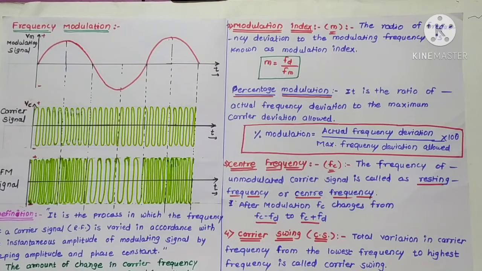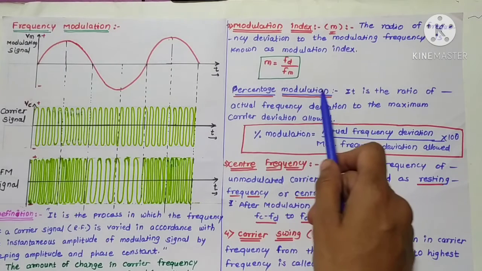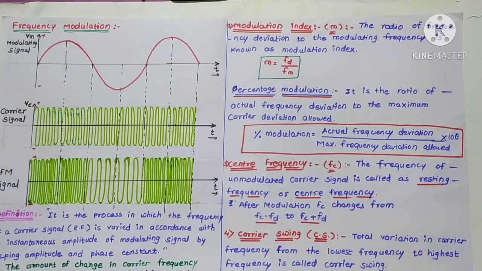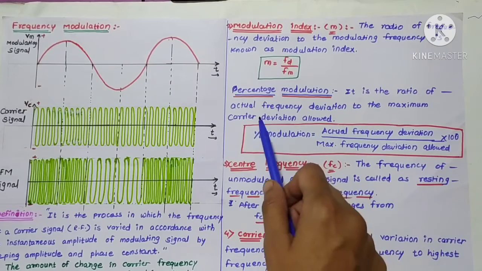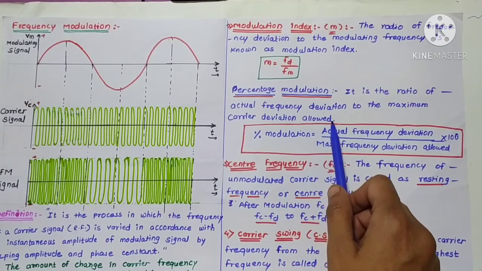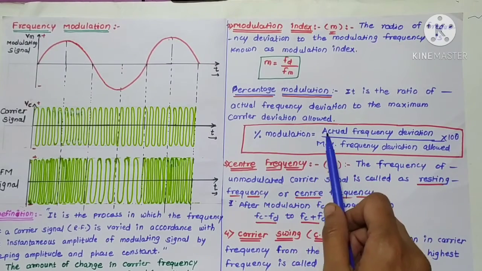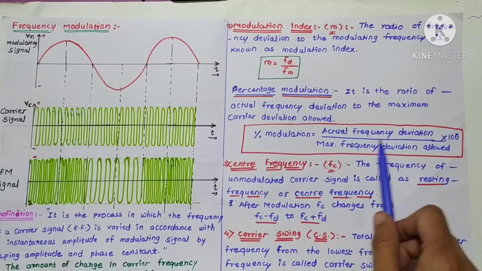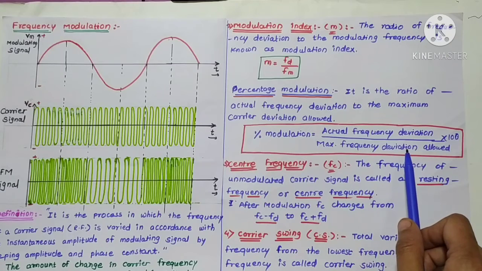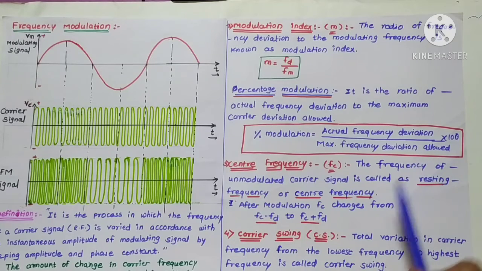And if we have to find the percentage of modulation, it is the ratio of actual frequency deviation to the maximum carrier deviation allowed, and it is represented by the formula: percentage of modulation is equal to actual frequency deviation upon maximum frequency deviation allowed, multiplied by 100.